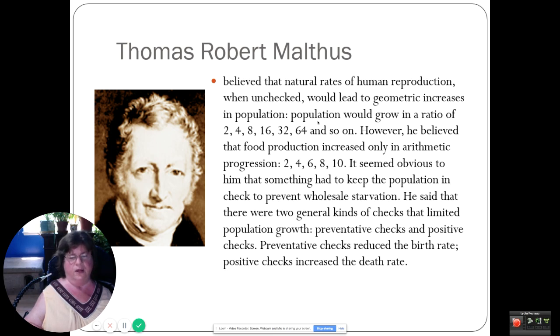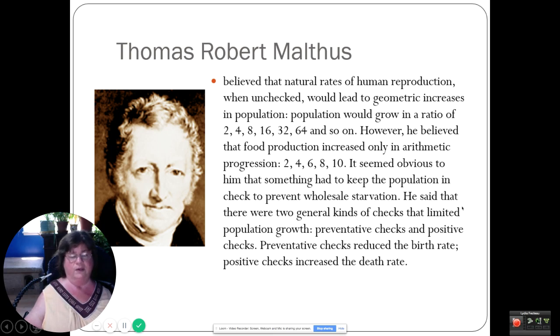There are two general kinds of checks that limit population growth: preventive checks and positive checks. Preventive checks reduce the birth rate, and positive checks increase the death rate.